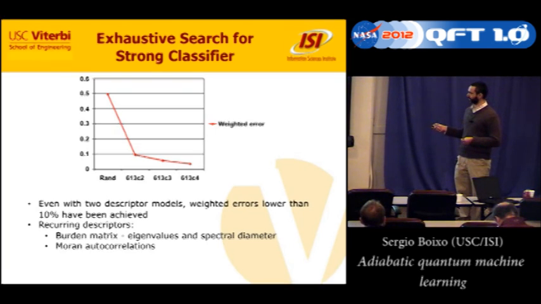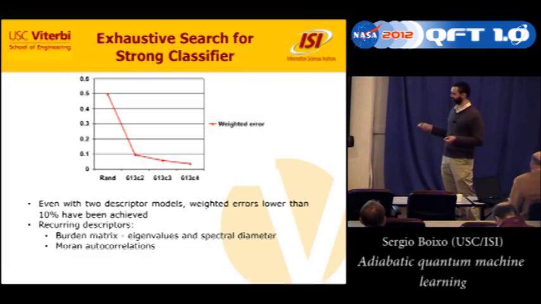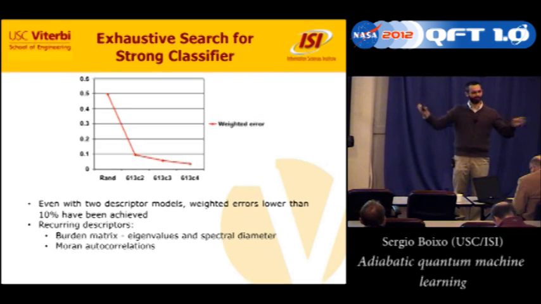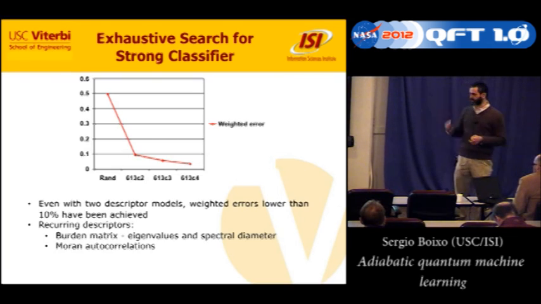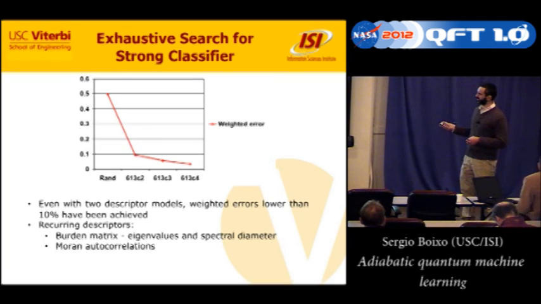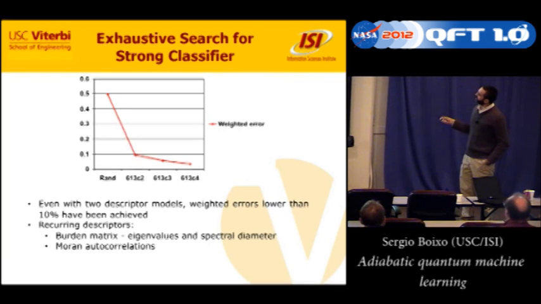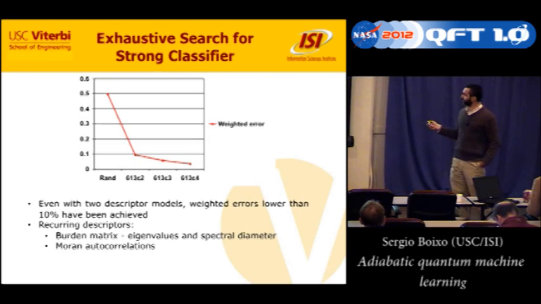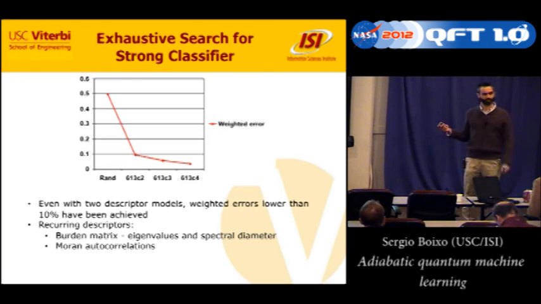Or you have structural descriptors like Moran autocorrelations, and these seem to be picking up things like whether you have sulfur atoms spaced along your chain, which is known to increase exciton mobility, one of the things you want. So we're getting interesting descriptors this way, but the error is still quite big, around 0.05.